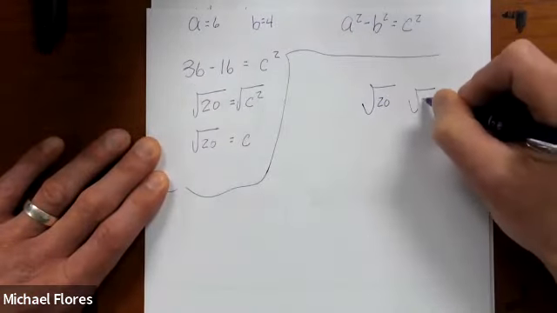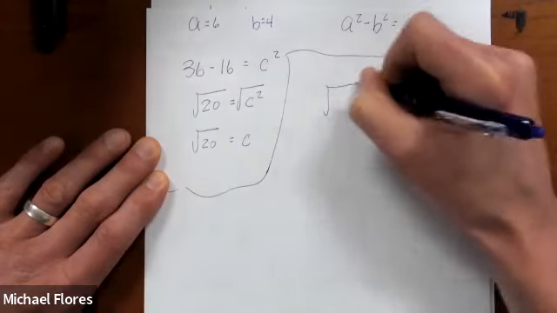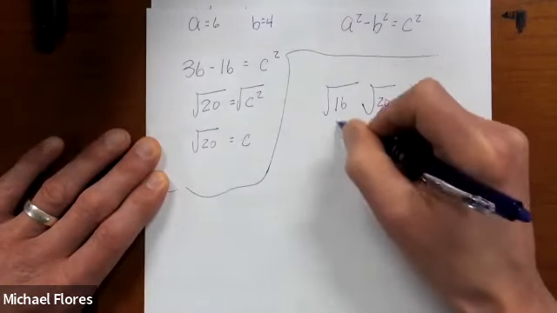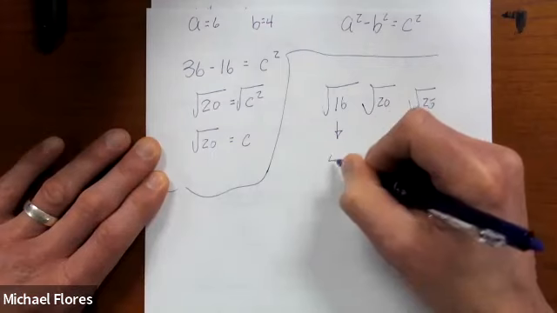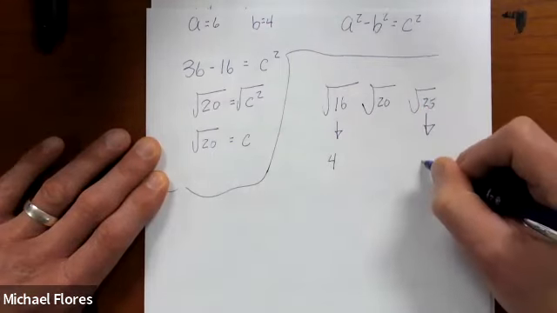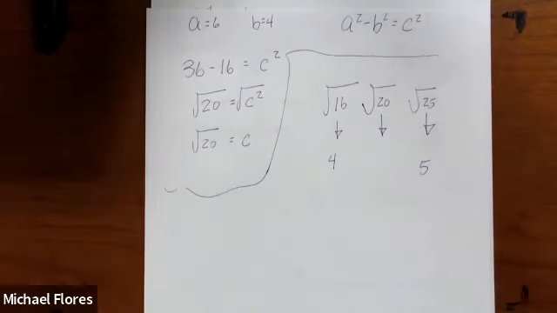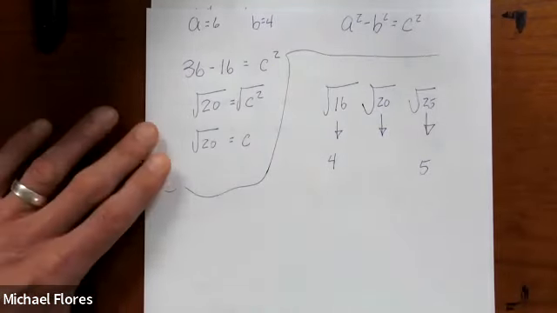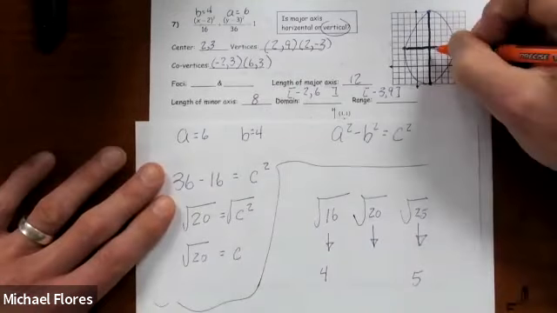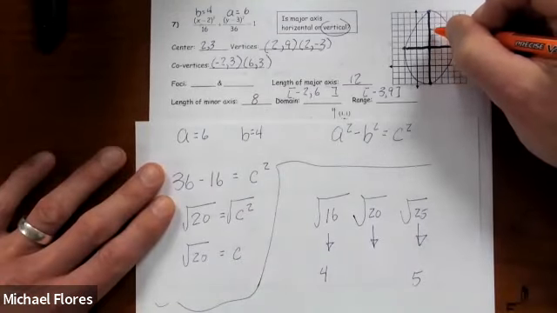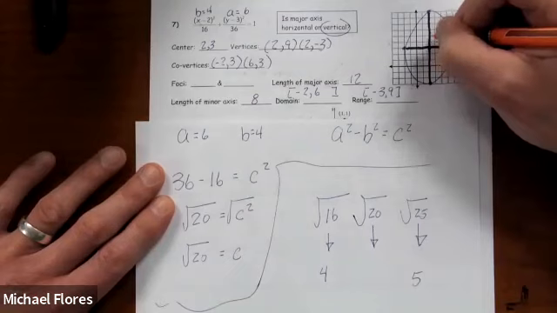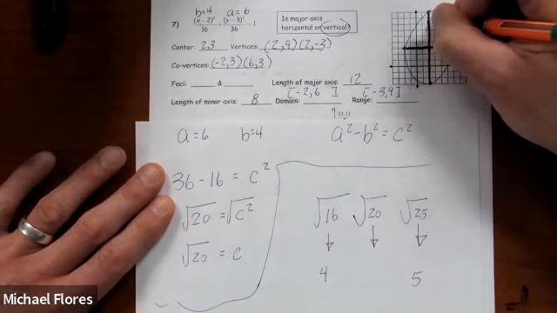That is in between the square root of 25 and the perfect square of 16. Well, that is 4. That is 5. So this must be somewhere in between 4 and 5 on our major axis. So from the center, go up 1, 2, 3, 4, 4.5.